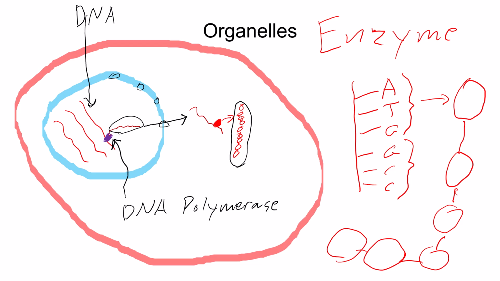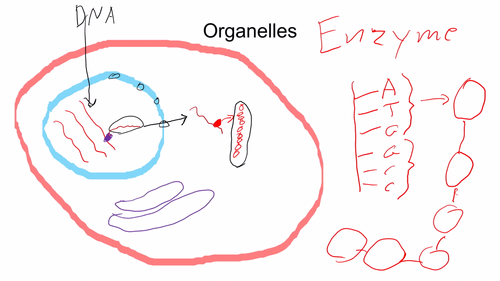Now, once it is all put together, the chain of amino acids will go to a structure called the Golgi, or Golgi apparatus. And I will draw a diagram here of our Golgi apparatus.